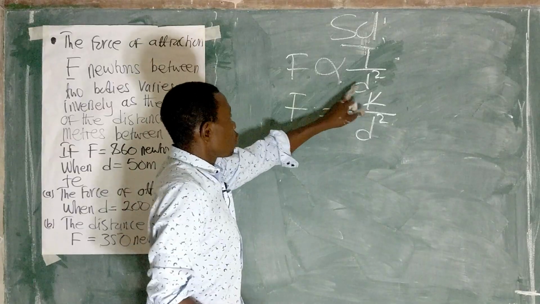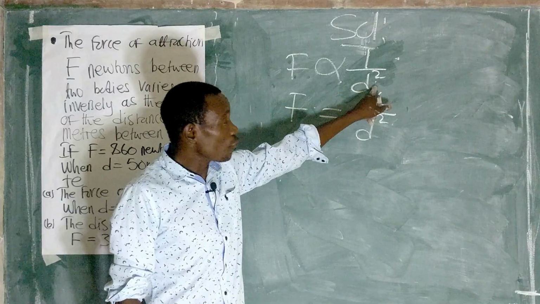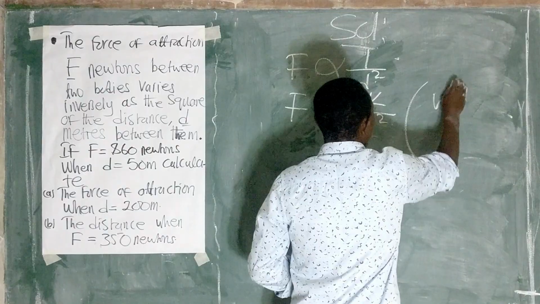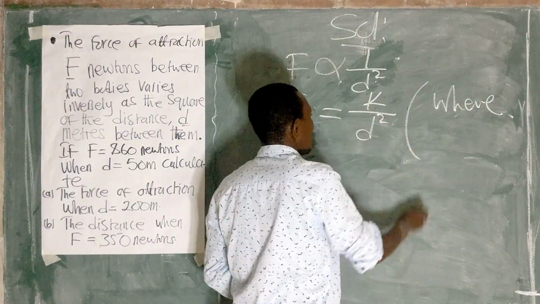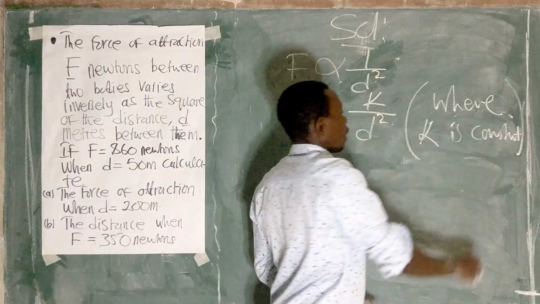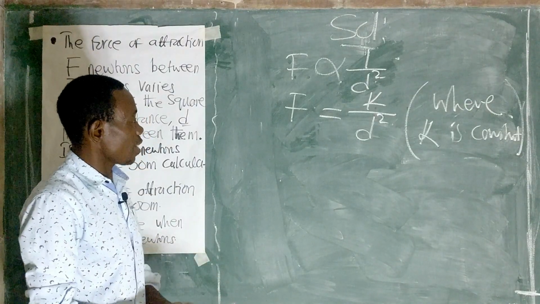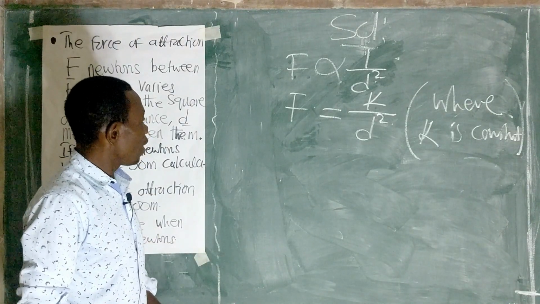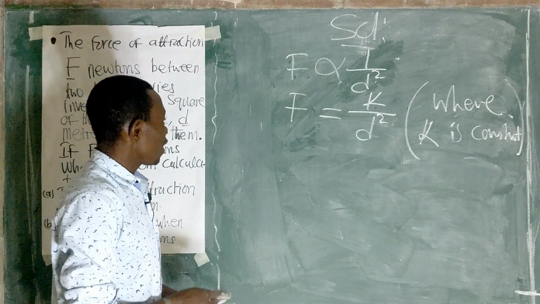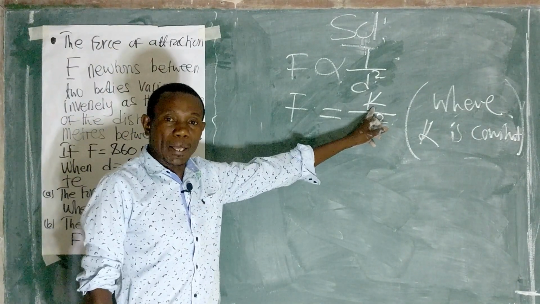So the statement F is equal to k over d squared tells us that F is varying inversely as the square of d. And this now is a proportionality equation. And here you indicate where my k is constant. Right. So that's it. You can see there's not much difference from the previous example that we have had. Now, if I would like to continue working on this one, the next thing that we're going to do here is just a matter of calculating the value of k.